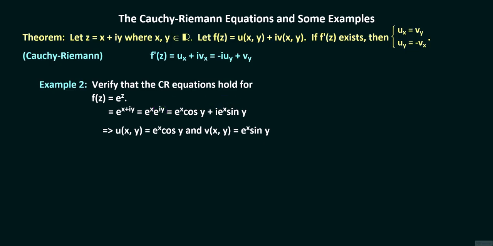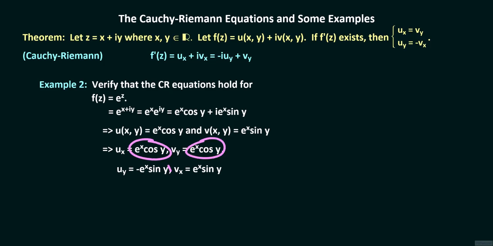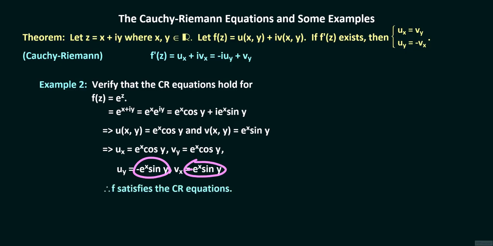One can verify that these are the partial derivatives that we should get. u_x equals v_y, and u_y equals −v_x, so that f satisfies the Cauchy-Riemann equations.